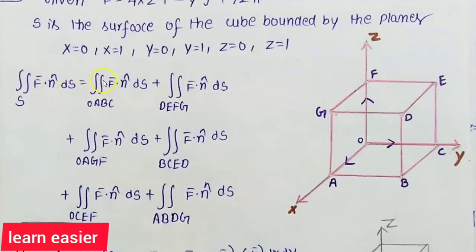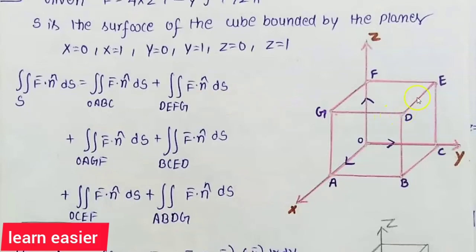Now you can see here this surface integral is for the z equal to 0 plane. For z equal to 0, we have taken the surface OABC, and this surface integral is for z equal to 1, which forms the surface DEFG.